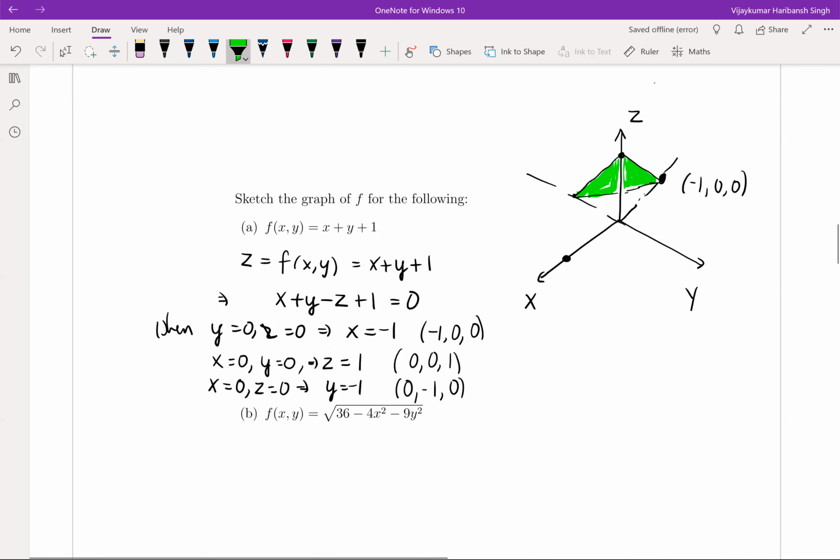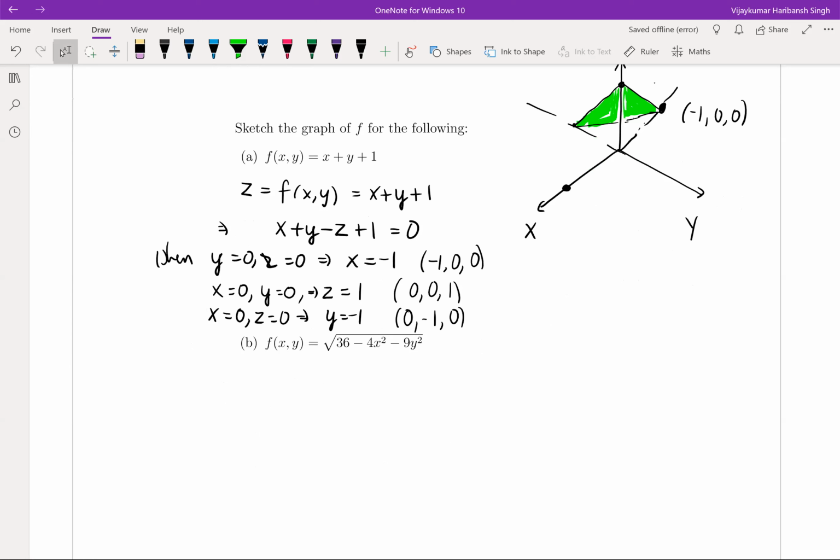Okay, let's look at the next problem. In this case, we let z equal f of x, y, which is the square root of 36 minus 4x squared minus 9y squared.